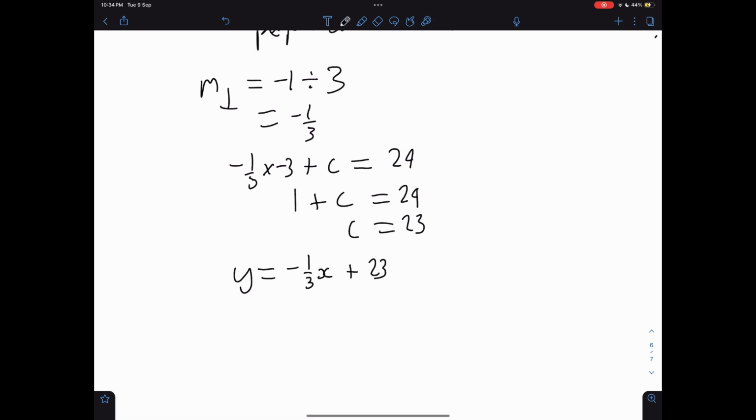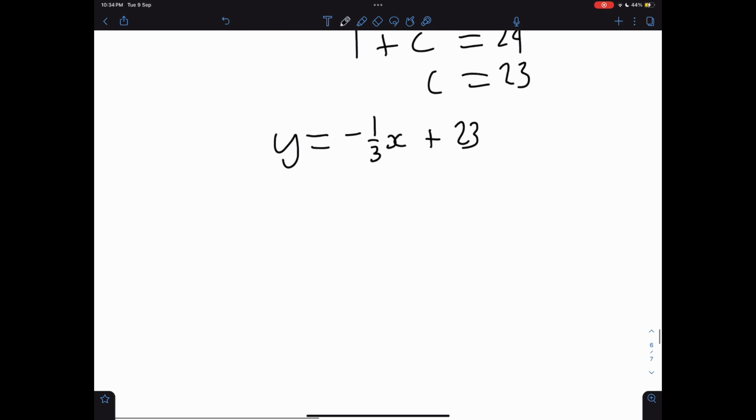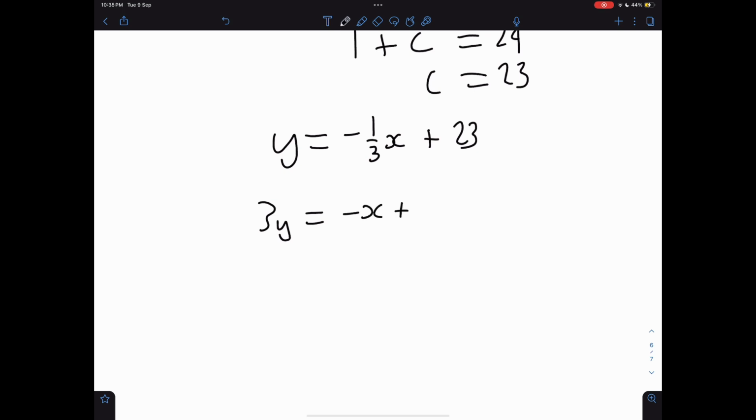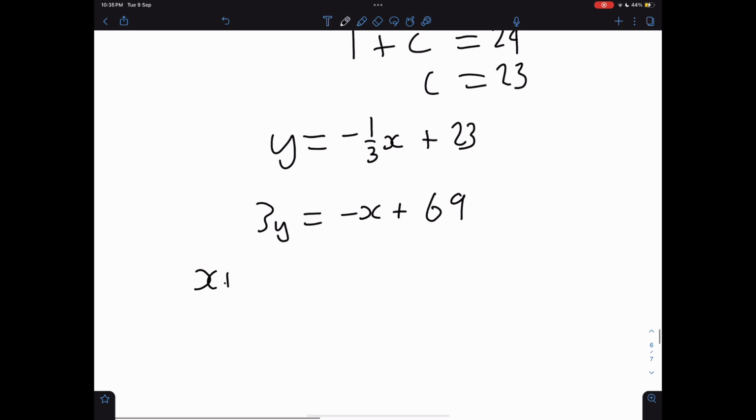And they could get you to rewrite it in the form ax plus by plus c equals 0. So you'd do 3y equals -x plus 69. And then you'd put that on the other side, 3x plus 3y minus 69 equals 0. But also, depending on what they ask, they might want that.